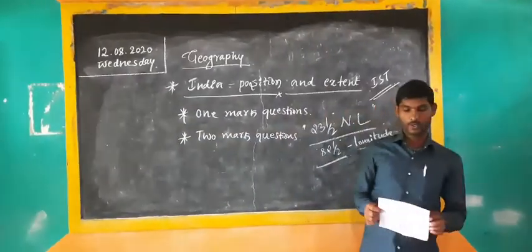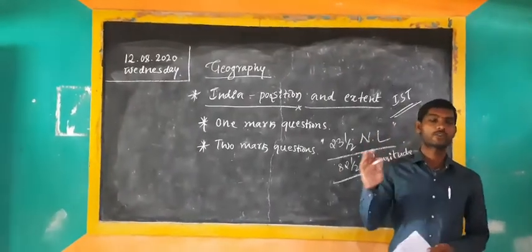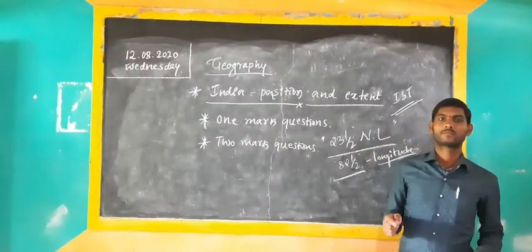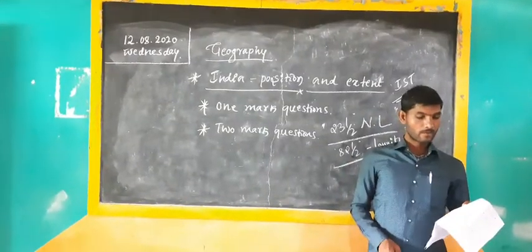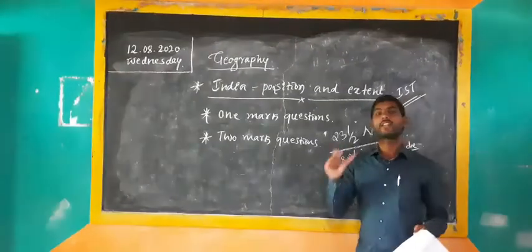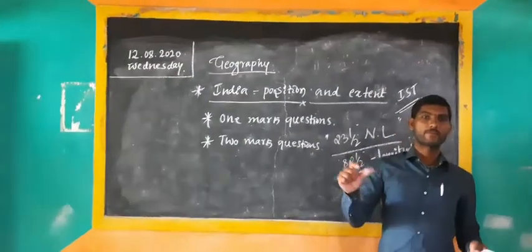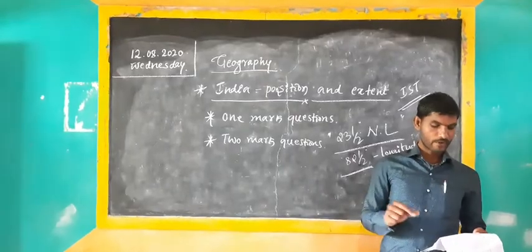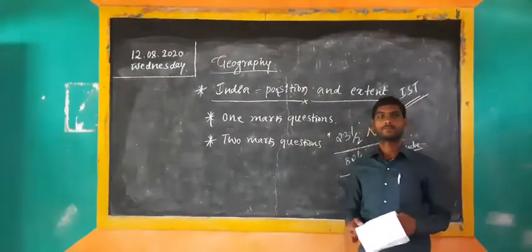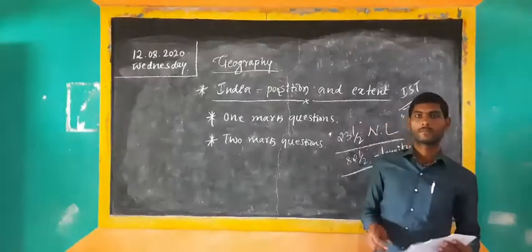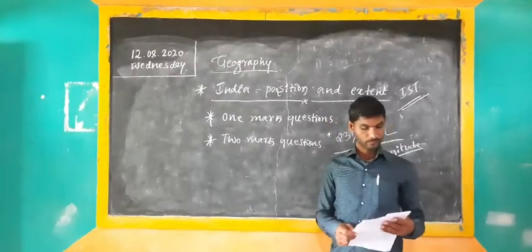The very first question in 2 marks. Write a brief note on frontiers of India. It's the first question. The next question.